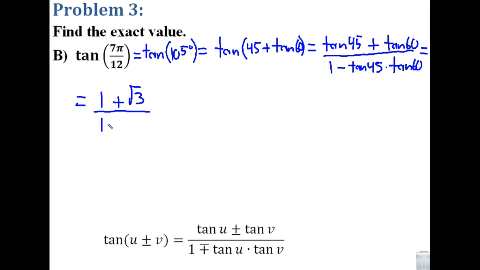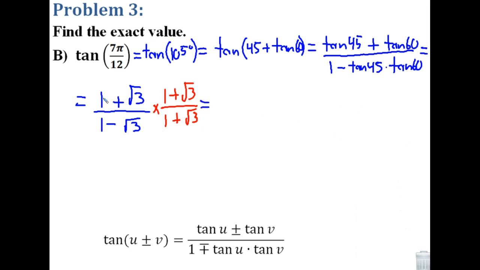And then in the denominator we have 1 minus tan 45, which is 1, times tan 60, which is root 3. So there's 1 minus root 3 in the denominator. Right off the bat, this one looks a lot nicer just because I don't have a tangent 45 anywhere in sight here. I do still need to rationalize this. We'll multiply by the conjugate of the denominator, so there'll be a 1 plus root 3 over 1 plus root 3.